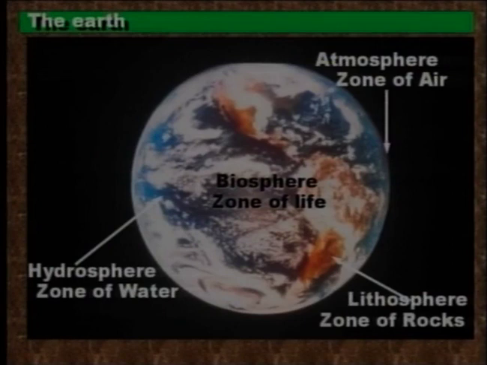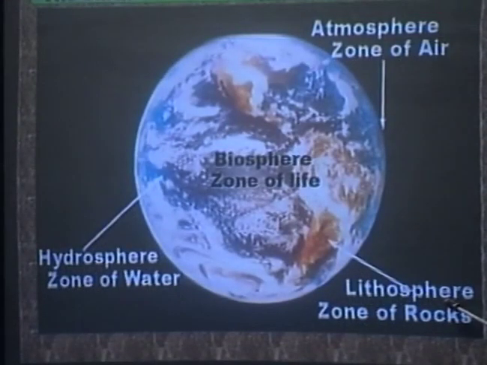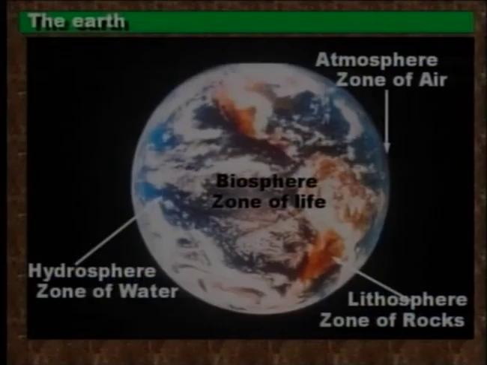And the 4 main zones are the atmosphere, the hydrosphere, the lithosphere, and the biosphere. If you look at the information from your booklet, that information is also presented there, showing the cross-section of the Earth and the 4 main zones that the Earth and all the elements on Earth can be divided into.